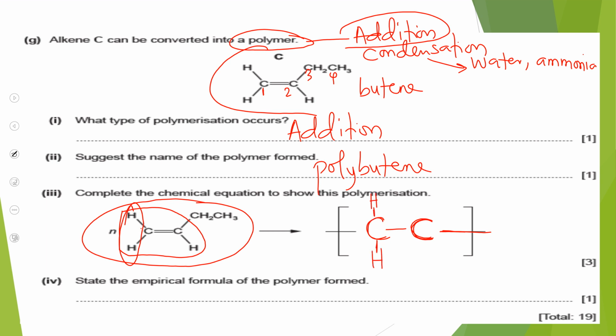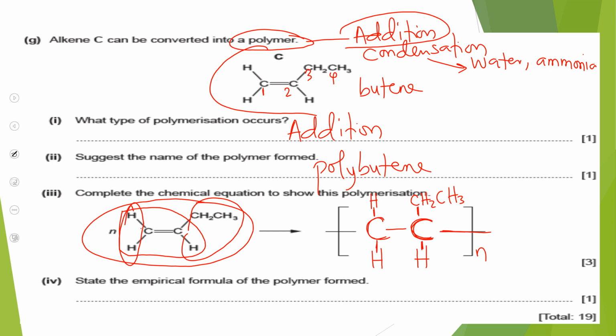The second carbon has H and CH2CH3 on it, so let's bring that also right here. We can simply put n to show that it is not just one substance. So that is the polymer. The substance is polybutene, and that's the structure of the polymer.